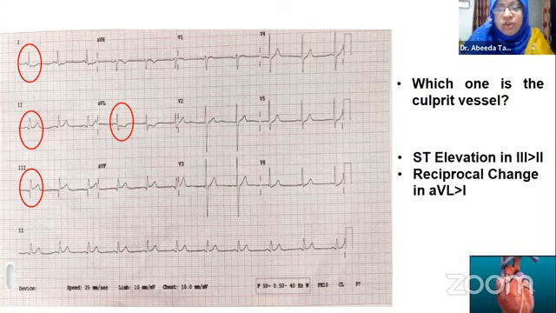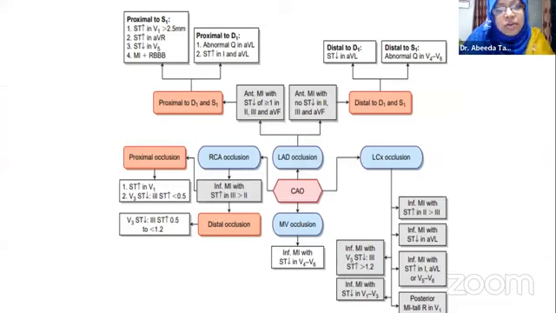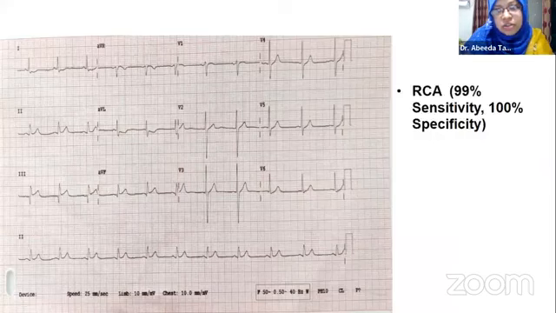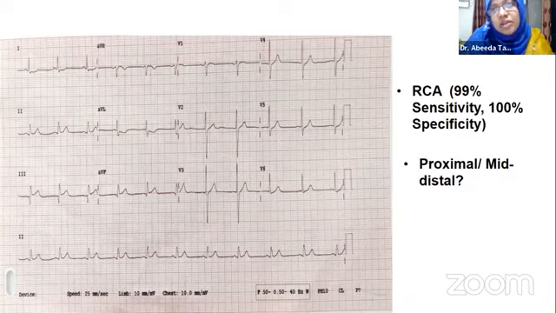These two findings are the algorithm by which we can localize where the infarct related artery is. If there is a distal occlusion, then lead 3 is more than lead 2. In proximal occlusion, there should be a presence of right ventricular infarction. It has a sensitivity of 99% and 100% specificity that the culprit artery here is the right coronary artery.